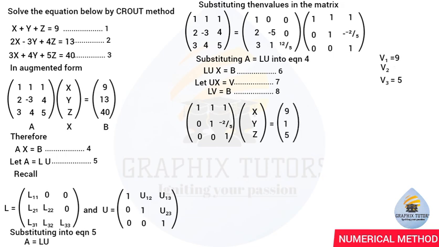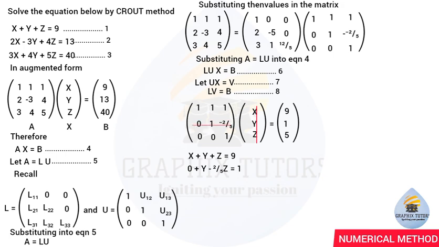Now, if you do the same thing, we'll be having to take the first element, multiply the first row and the column of the other element. So we're having 1 times X is X, 1 times Y is Y, 1 times Z is Z. You're adding them together equals to what? 9. Then you go to the next one. 0 times X is 0, plus 1 times Y is Y, plus minus 2 over 5 times Z is minus 2 over 5, minus 2 over 5Z equals to what? 1.